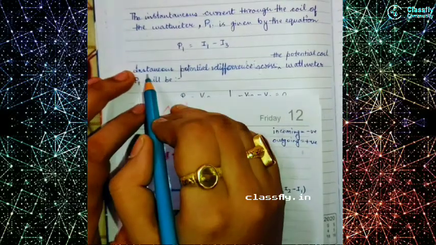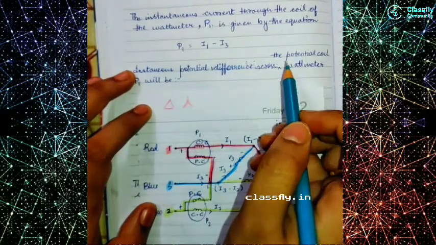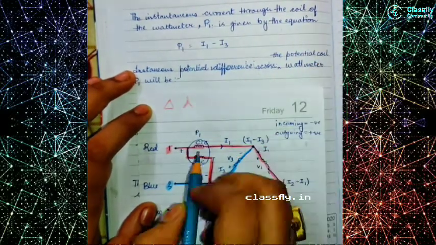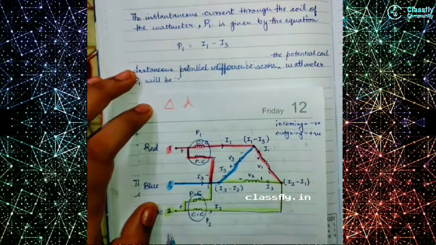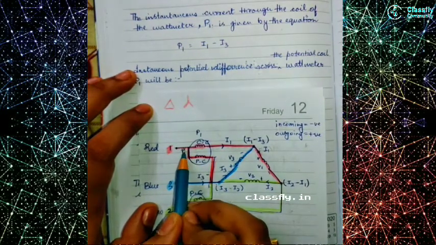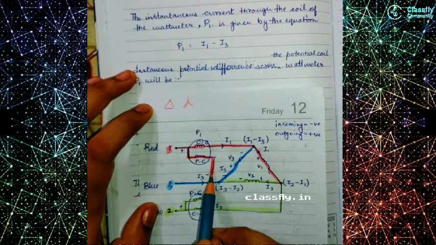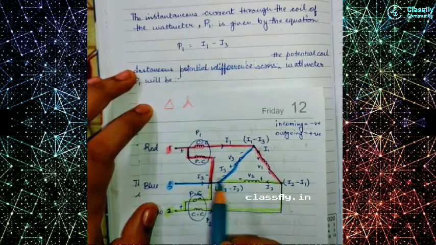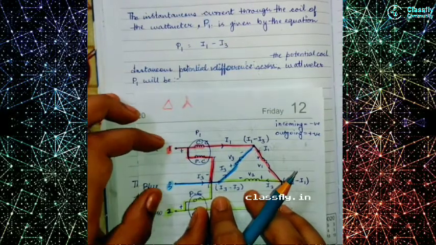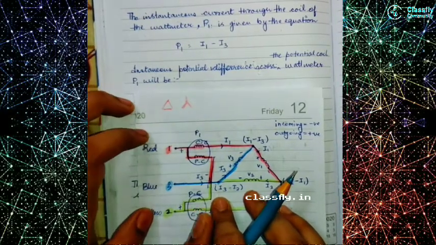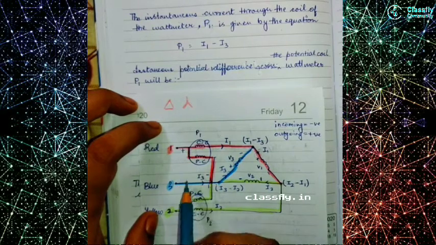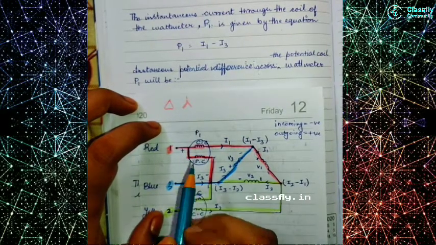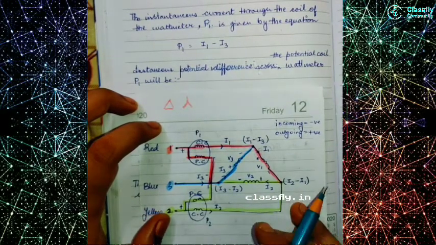It says the instantaneous potential difference across the potential coil. This is your potential coil. If I represent this portion as positive and this as negative, moving like that, we get the potential difference of V1 and V3.